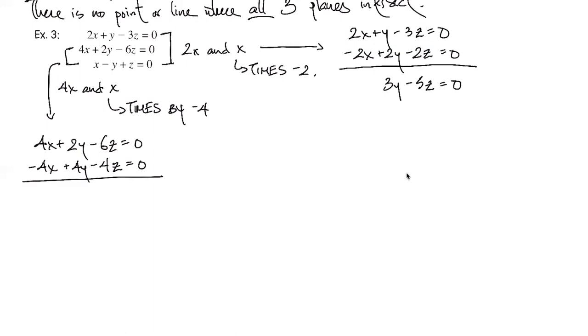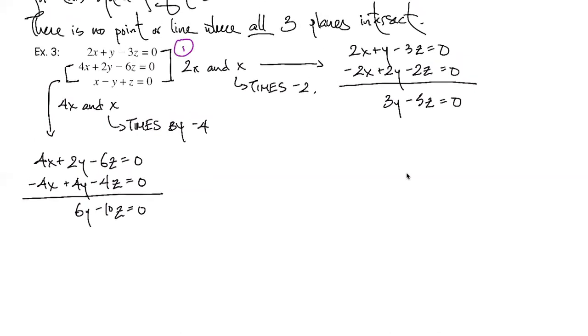All right. 6y minus 10z equals 0. Okay. Now, let's go back and put in these steps, right? So I did this first, and then I did this part. And now that we have two equations with two variables, let's combine them.